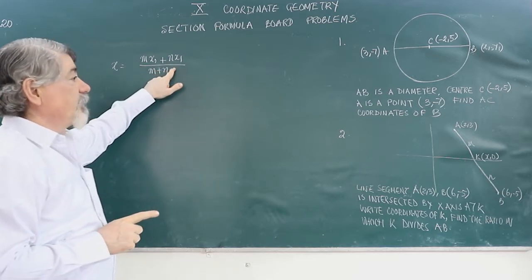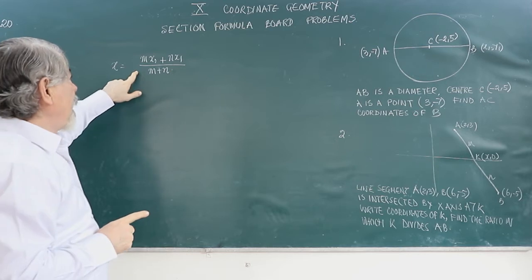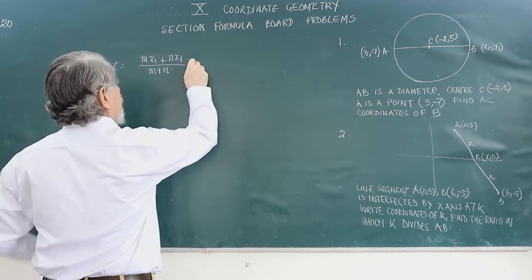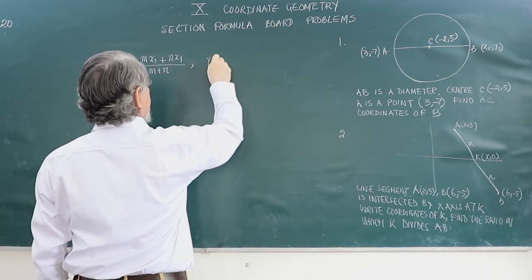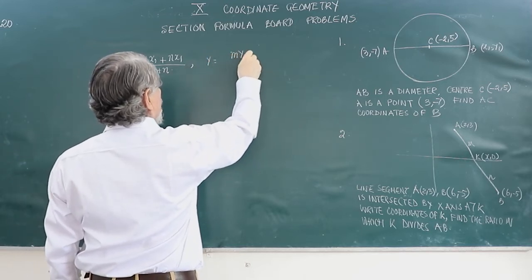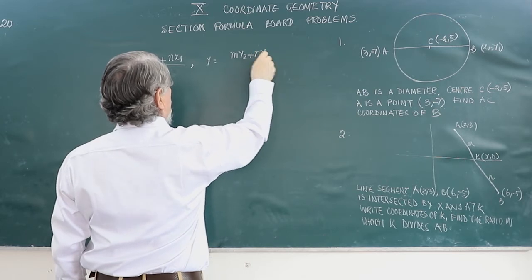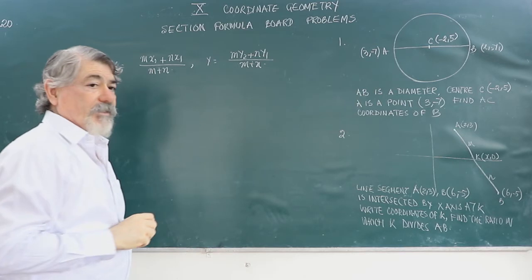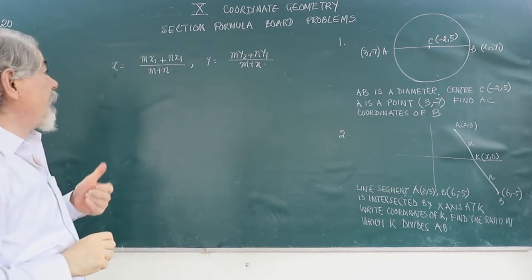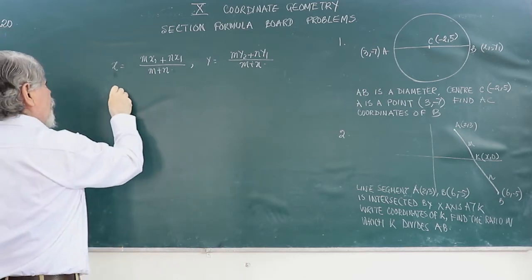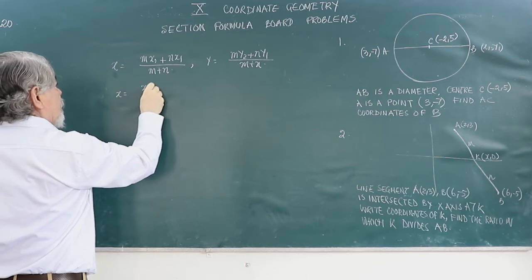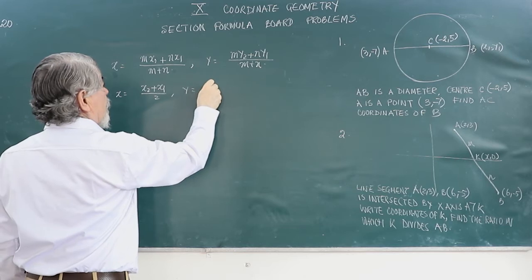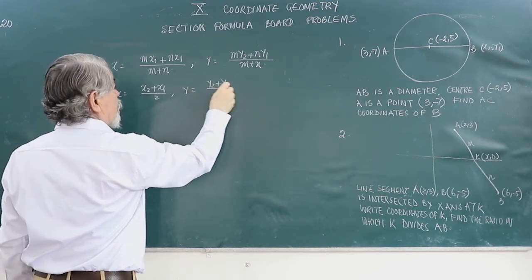M and n is the ratio in which it is dividing, and x is the x coordinate of that point which divides. Y was given as (my2 plus ny1) upon (m plus n). This was the x and y coordinate. Then we have the midpoint formula, (x2 plus x1) upon 2, and y was (y2 plus y1) upon 2.